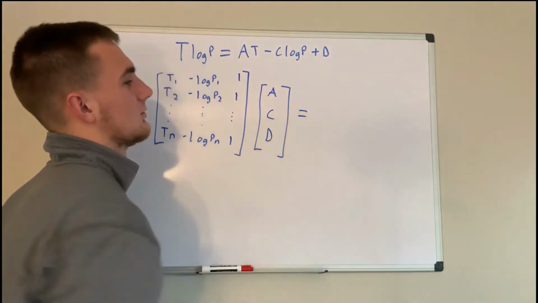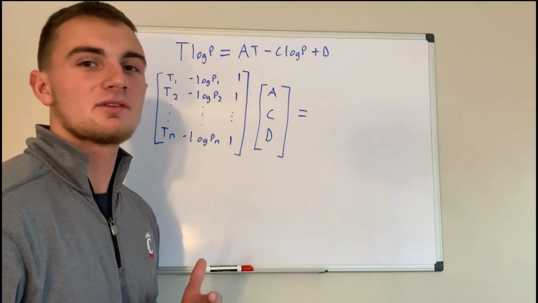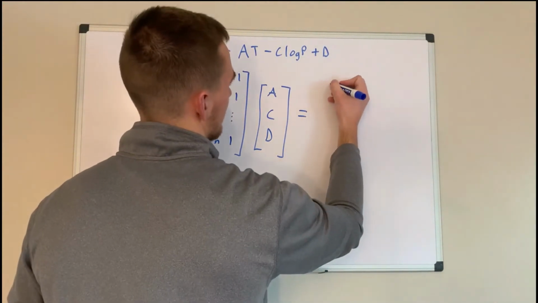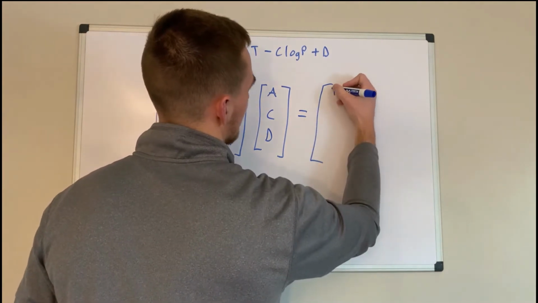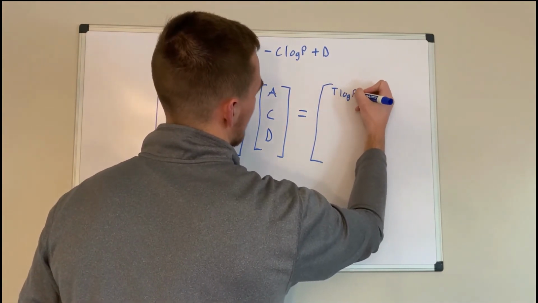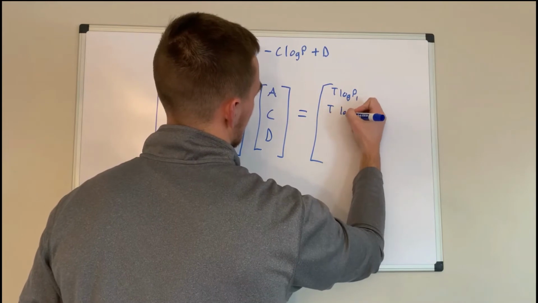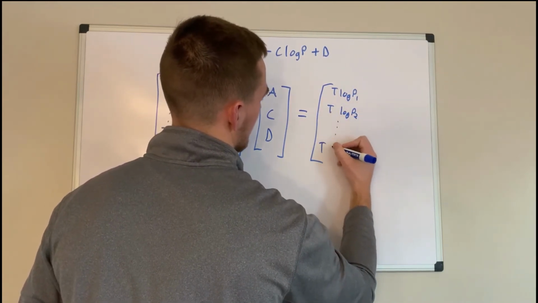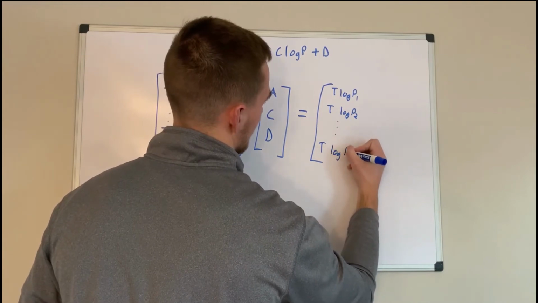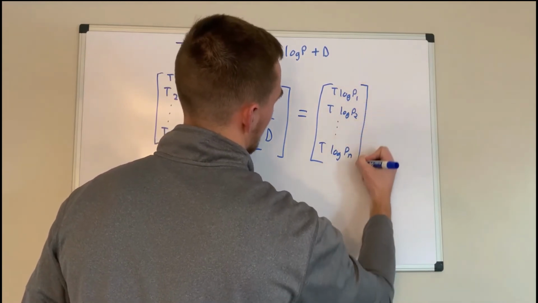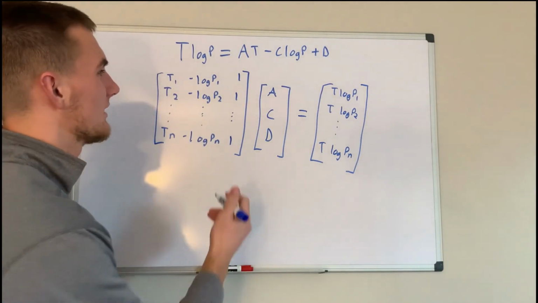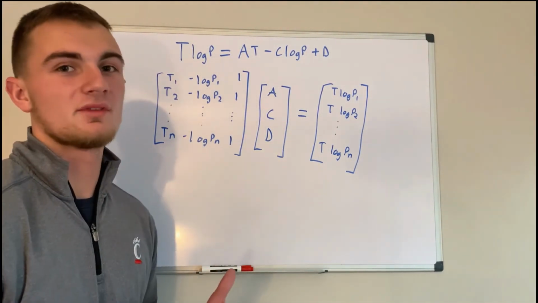And this will equal a matrix consisting of our T log of P term. So we will have T log of P1, T log of P2, all the way down to T log of Pn. Now, here what I like to do, and this helps me out, is I like to label the dimensions of each of the matrices here.